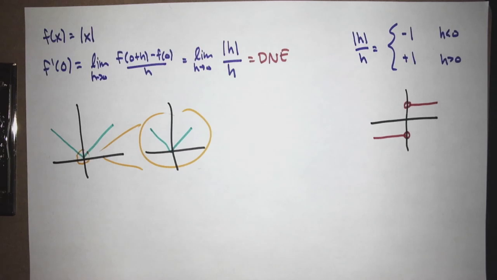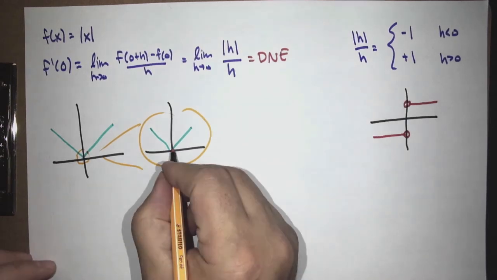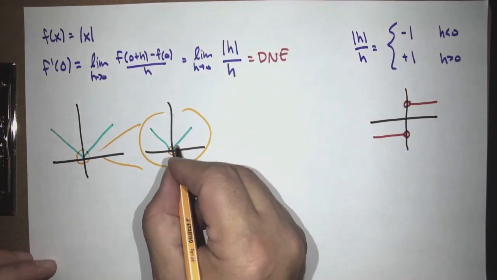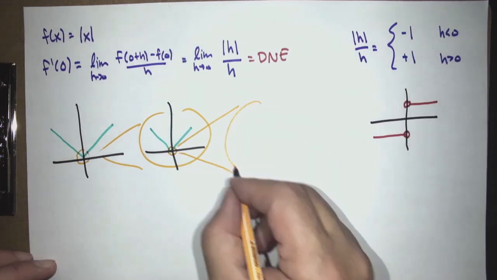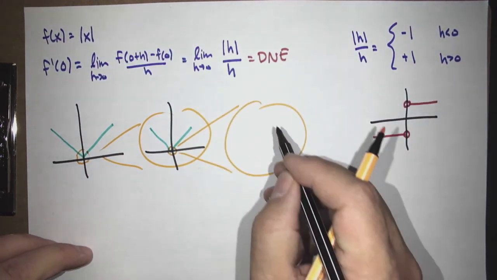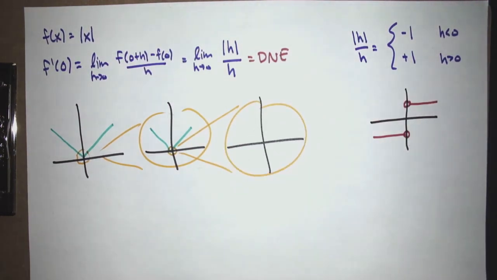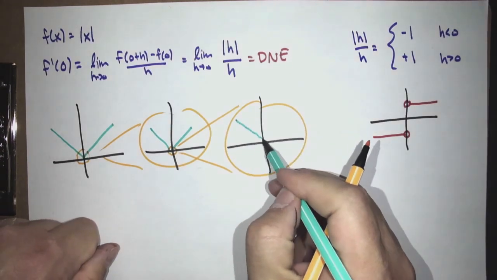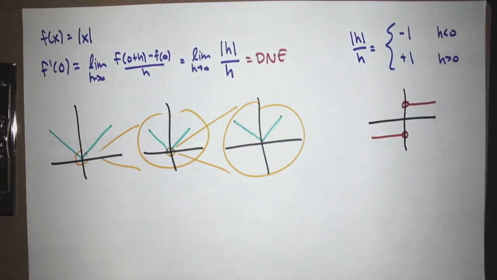Well, maybe we just didn't zoom in enough. So let's really try this time, zooming in super close. What's going to happen? It's still going to look like a V. No matter how much you zoom in, it's always going to look like a V at that point. So the intuition here is there isn't a derivative because the function isn't flat at that point.